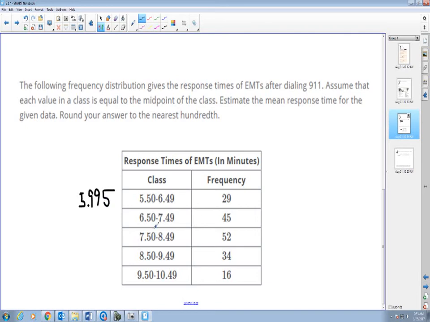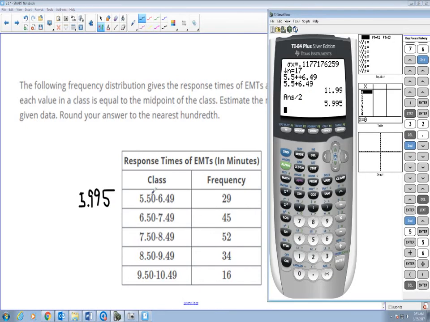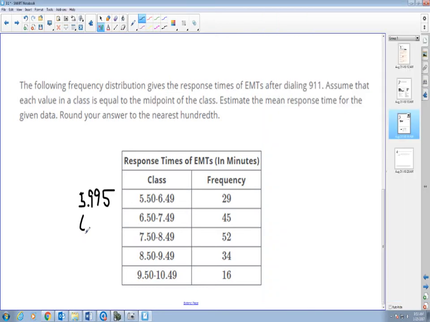Alright, to find the midpoint of the next class, I can figure out my width, which is subtracting 2 consecutive lower class limits or subtracting 2 consecutive upper class limits. If I subtract them, my width is 1. So the next one will be 6.995, then 7.995 and so on.